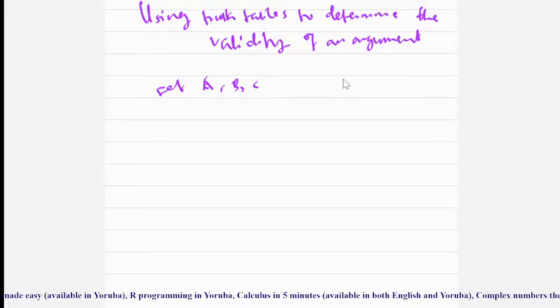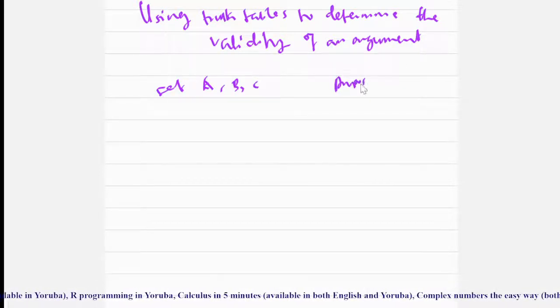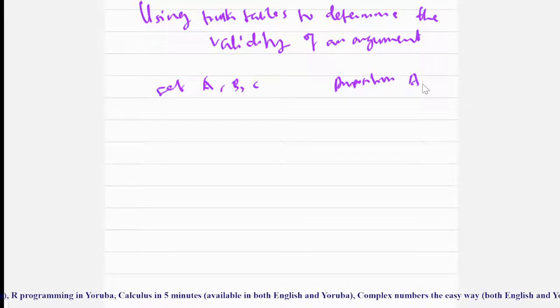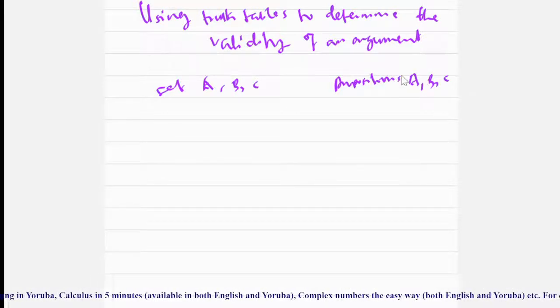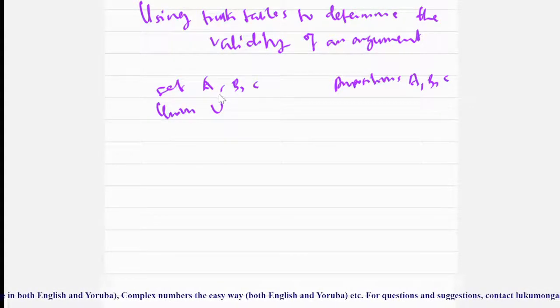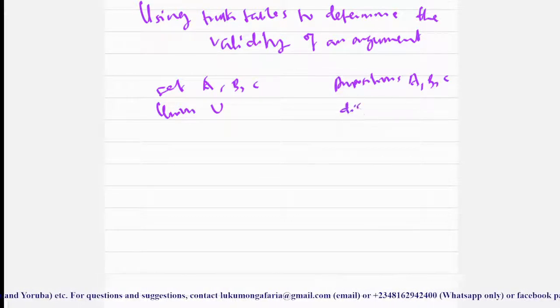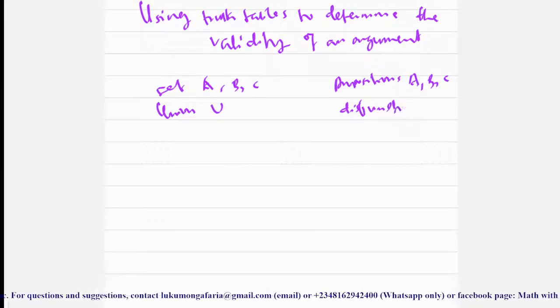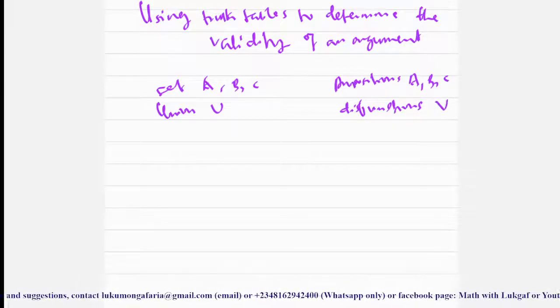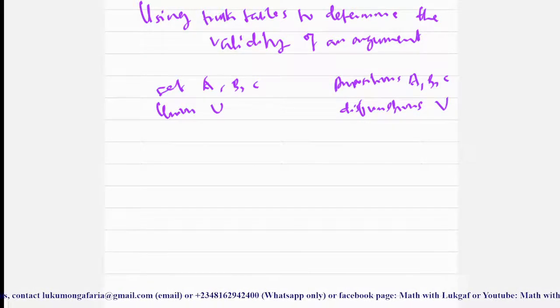Likewise, you can use an uppercase letter to denote a proposition as well: propositions A, B, C. Likewise, I said when you are talking about the union of sets, that is the elements in A or B or both, that is the union of A and B. So then you'll be talking about disjunction in proposition or logic.